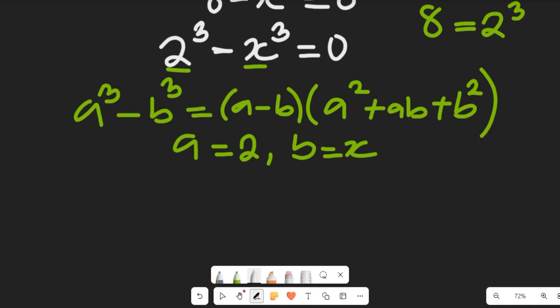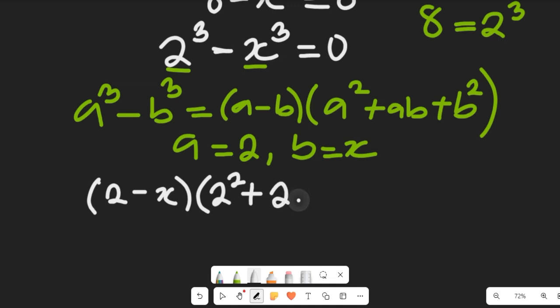Now, having seen that, we will insert that into the expression. 2 cubed minus x cubed will now give us 2 minus x, right? And the other side will have 2 square plus 2 multiplied by x plus x square, and all this will be equal to 0.